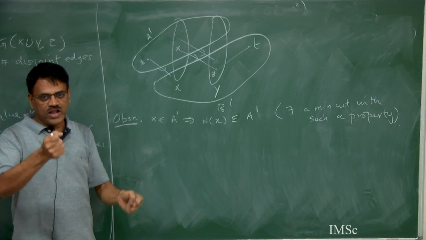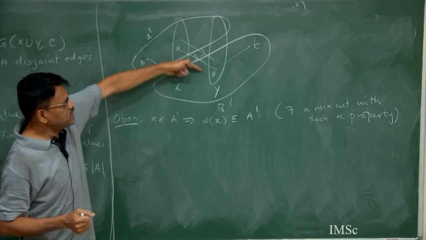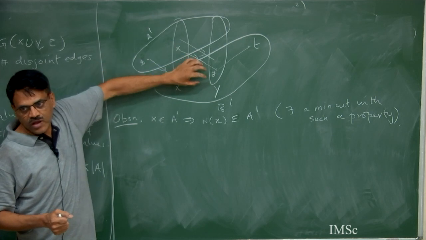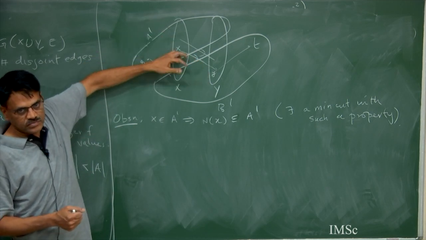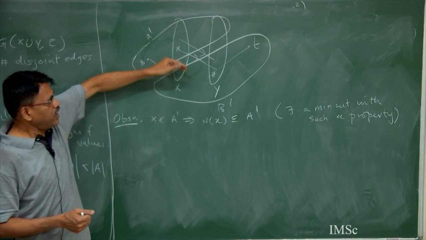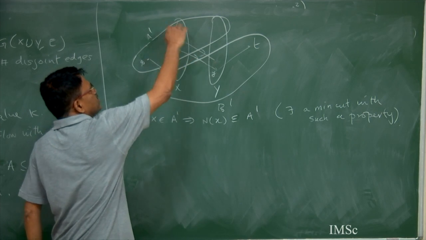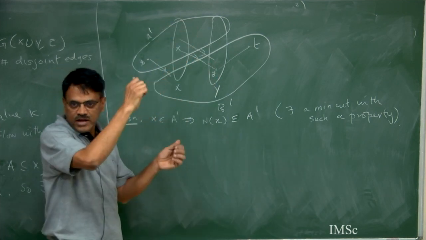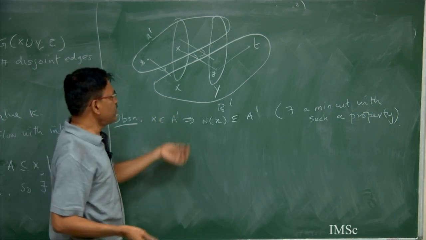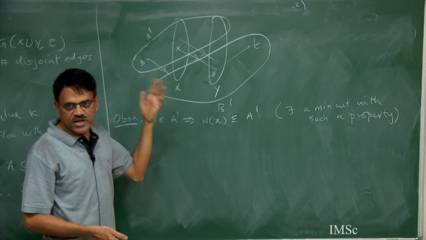The edge which was part of the cut will not be part of the cut, so it will decrease. In fact, for Y there may be several edges coming in. I claim that by pulling Y into A prime, the cut value either remains the same or it decreases.